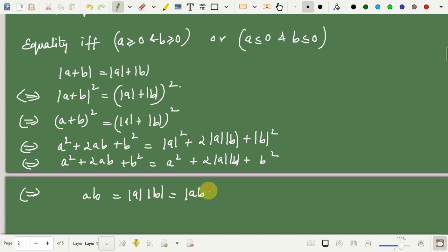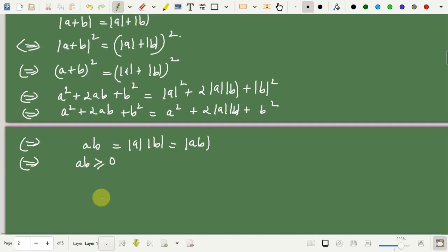When can this happen? When can you have AB to be equal to mod of AB? This will happen provided AB, because mod of AB can be either minus of AB or AB. It is minus of AB when AB is negative, and it is positive when this term is greater than or equal to 0. So, this can happen only when AB is greater than or equal to 0, the product can even be 0.